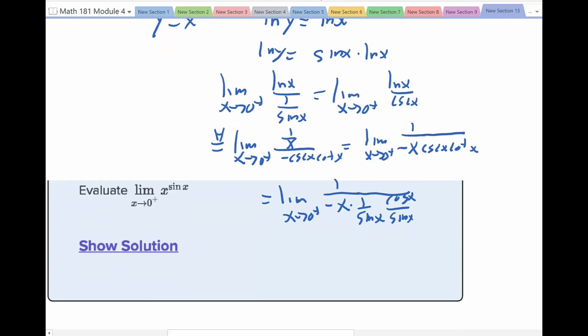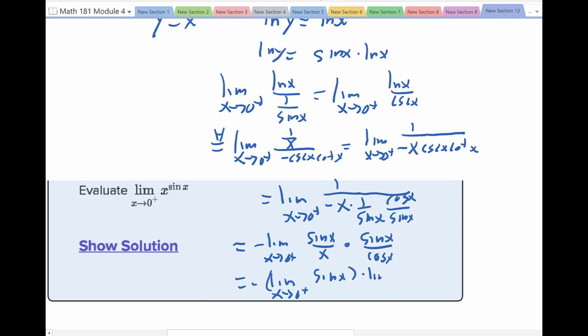So if I did that, I'd be able to say this is the limit as x goes to 0 from the right side of, bear with me now, sine x over x, and we've seen this before, times sine x over cosine of x. I have a negative to put somewhere. Why don't we just put it out front. So we end up with negative limit as x approaches 0 from the right side of sine x over x times the limit as x approaches 0 from the right side of sine x over cosine of x.